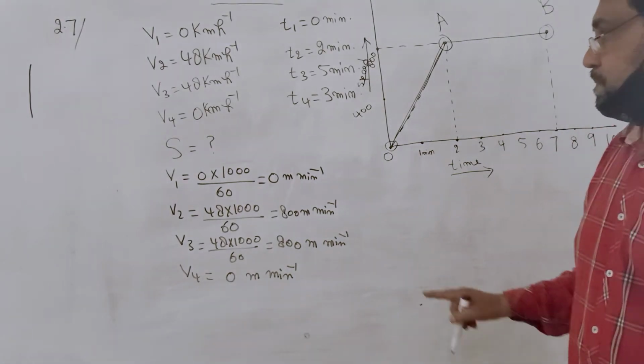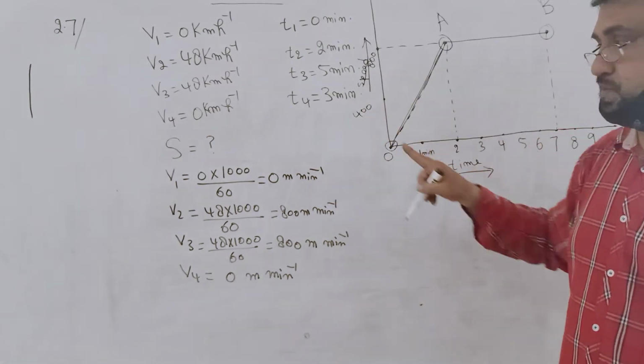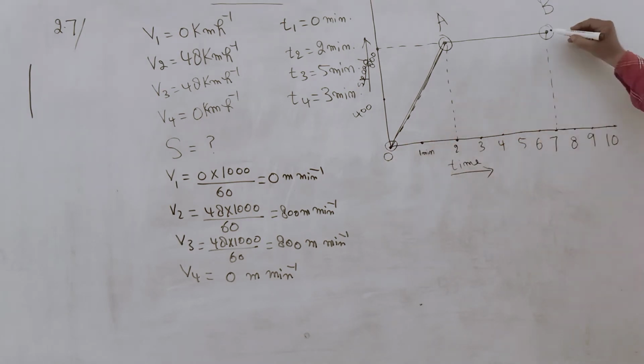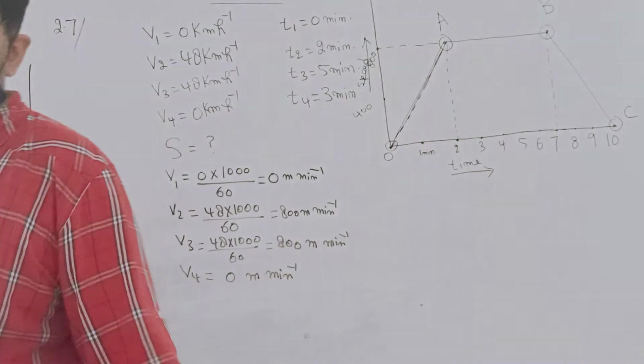Finally, speed becomes 0 in 3 minutes. So next 3 minutes, 1, 2, 3, speed becomes 0. So we have a point C. Graph is completed.